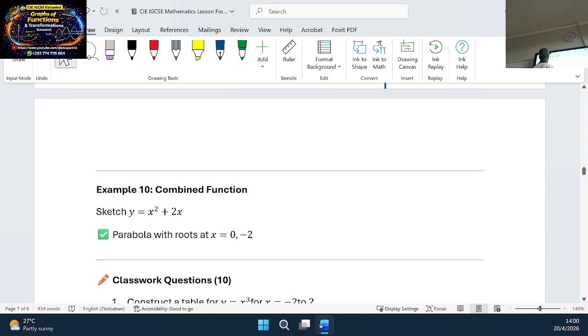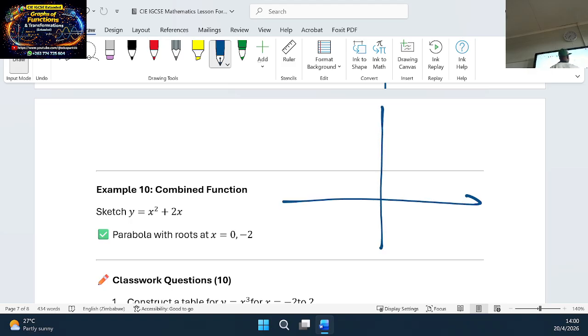Combined functions. We have an interest in drawing this graph where we have x squared plus 2x. This is a parabola with roots at 0 and minus 2. But let's try and check how this parabola would have looked. If I'm to sketch the picture, it will be something like this, x, y, but I want to complete the square.